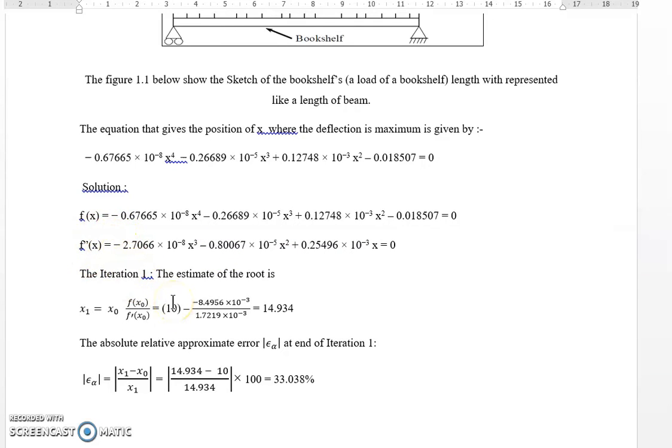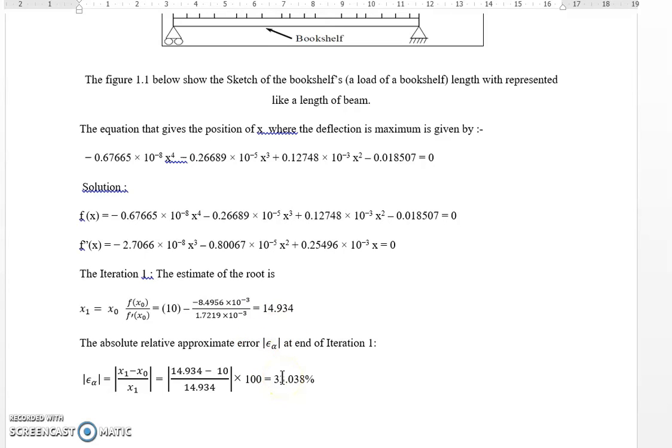The first iteration is x1 equal to x0 minus f(x0) divided by the derivative of f at x0. So x1 equals 14.934.